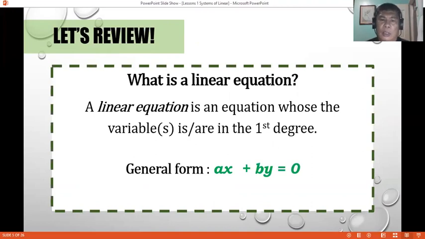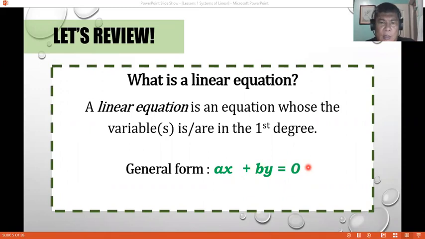The general form is like this: Ax plus By plus C equals 0. Naka-equal siya sa 0. Actually, dapat may plus C, plus constant pa yan. It can be 0, negative, fraction, real number lang.